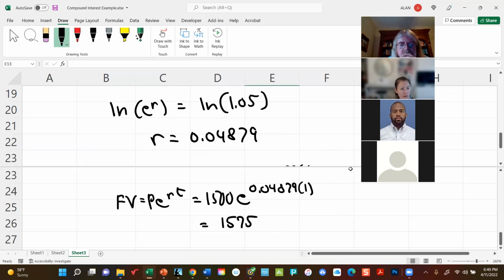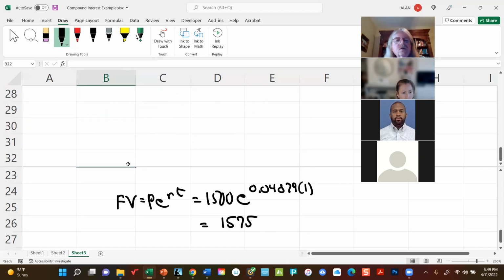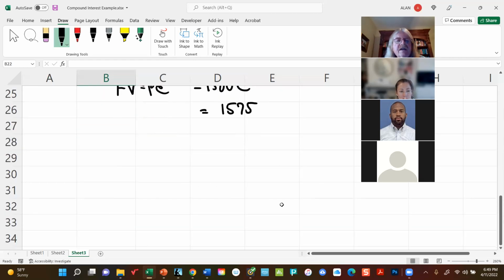What is this? What's on that cell? Is this IN? Oh no, ln, that's the natural logarithm. That's the log with base e. It's on your calculator.